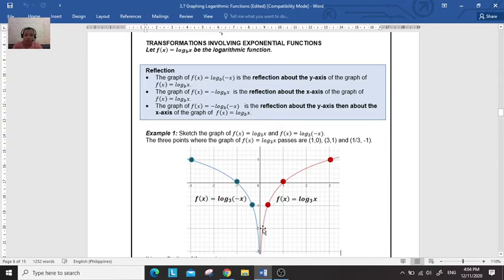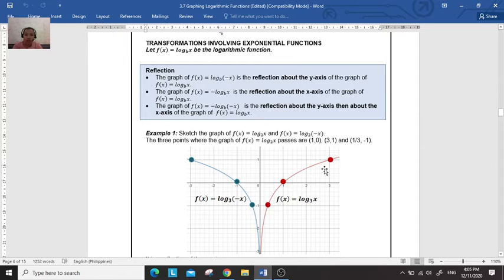The pre-image has its points: 1 0, 3 1, and 1/3 negative 1.